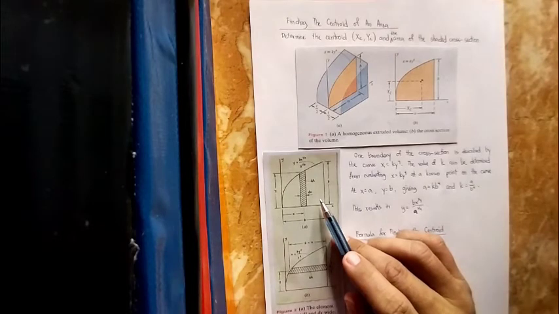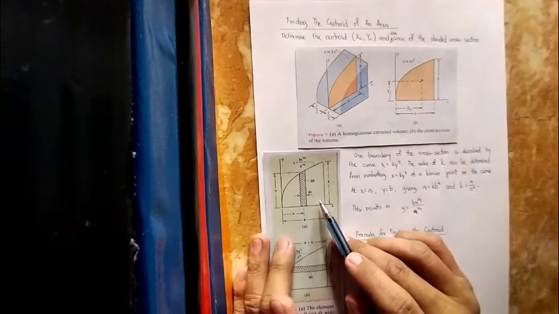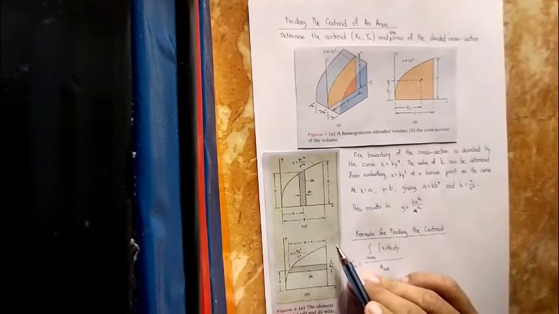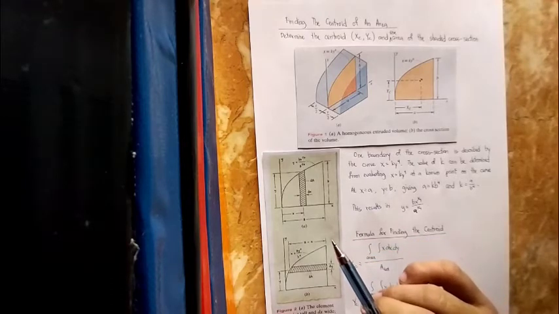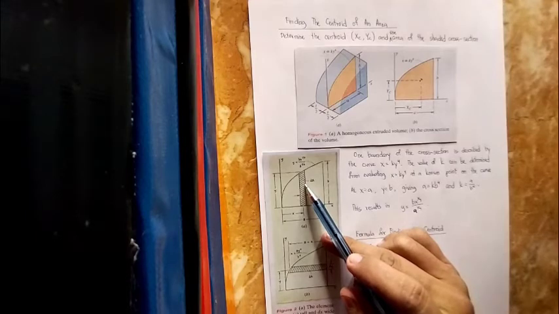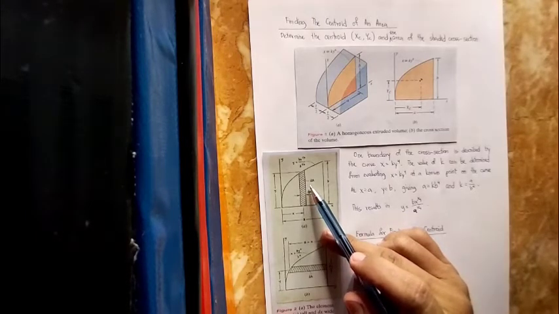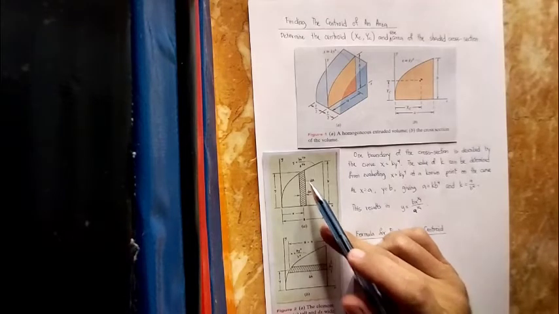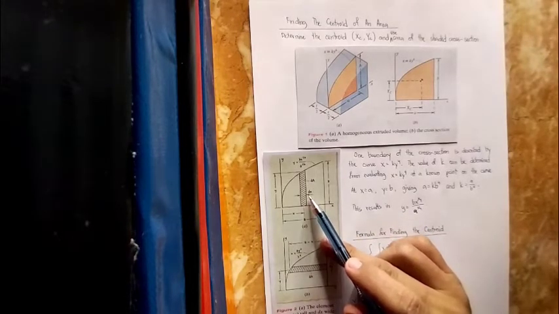Dito siya ngayon sa figure 2, letter A. Ito yung element of dA, which is y of x tall, and dx wide.